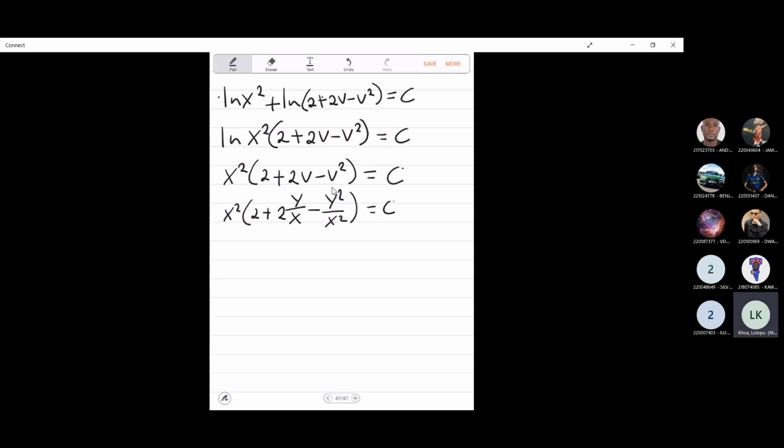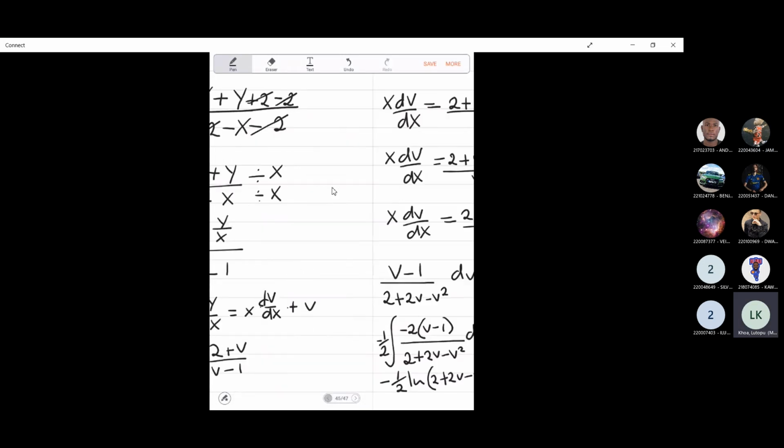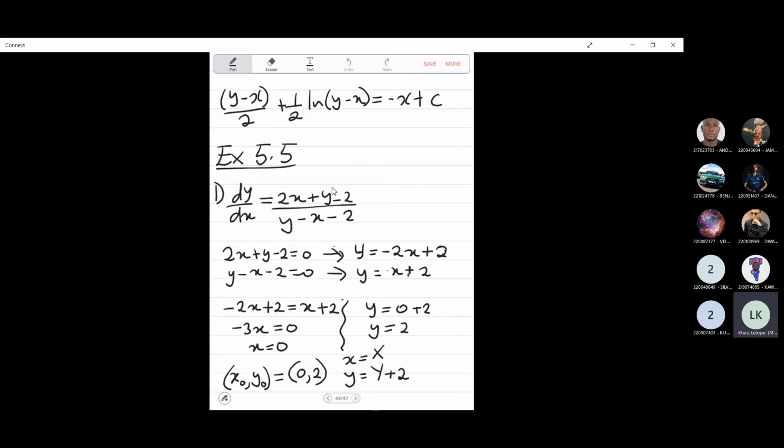So we said big X is equal to small x, so I have x squared. So remember the substitution, where was it? It's this one here. So small y is big Y plus 2. So this means that big Y is small y minus 2.